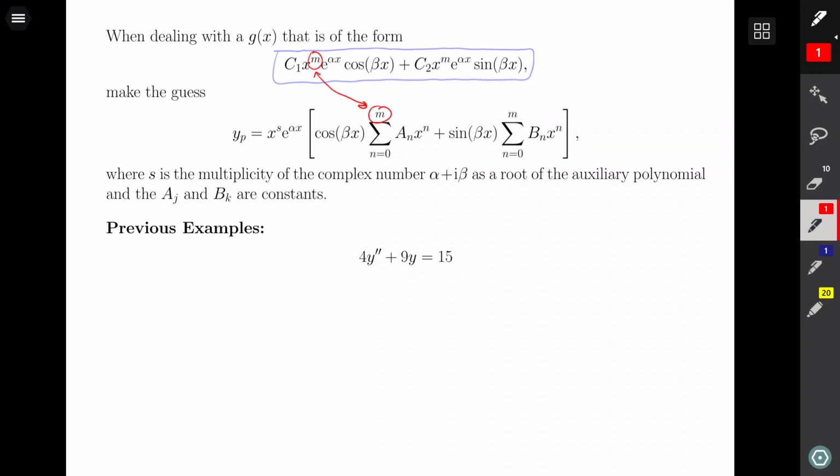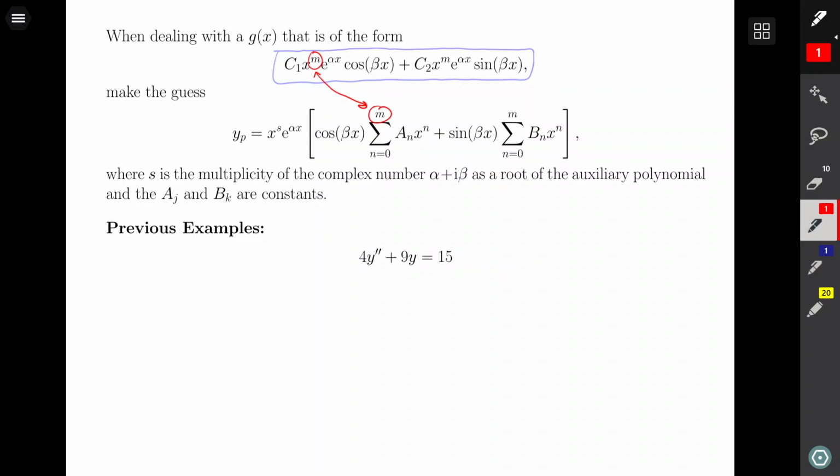But it's possible that we might need to put more than one x in there. So s is the multiplicity of the complex number alpha plus i beta as a root of the auxiliary polynomial. This is where that multiplicity concept I mentioned comes into play.